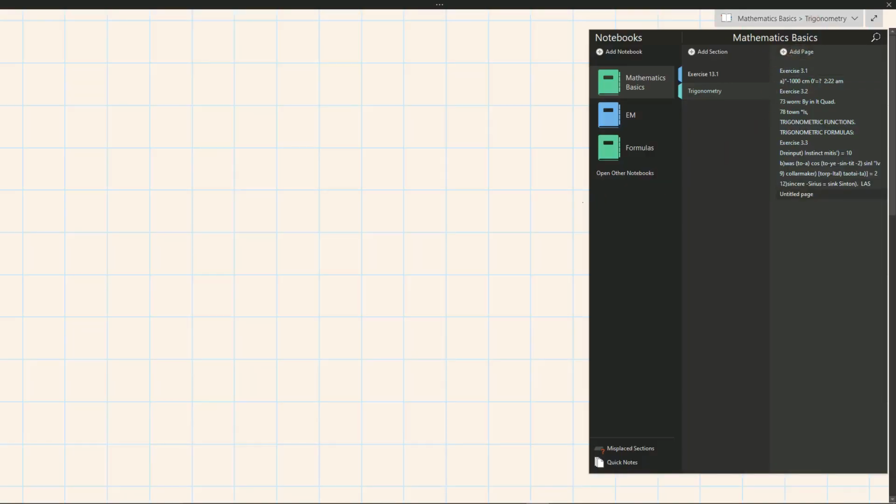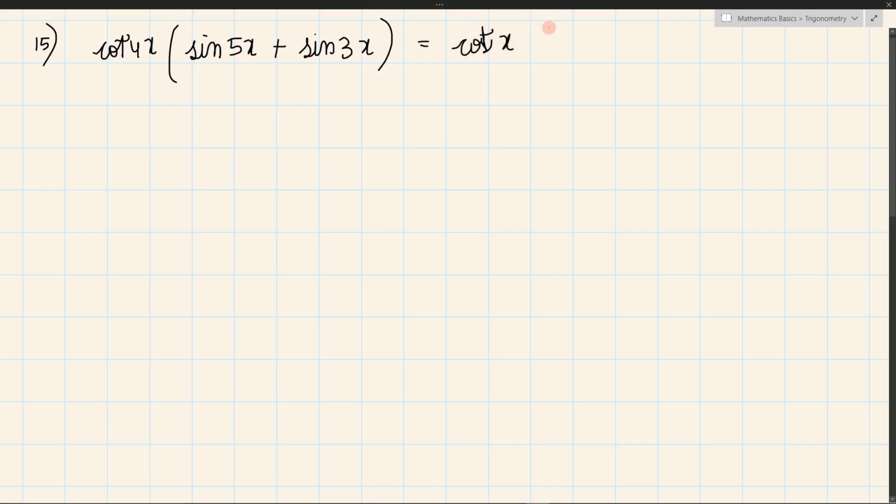Next question we have question number 15, that is cot 4x multiplied by sine 5x plus sine 3x is equal to cot x multiplied by sine 5x minus sine 3x.